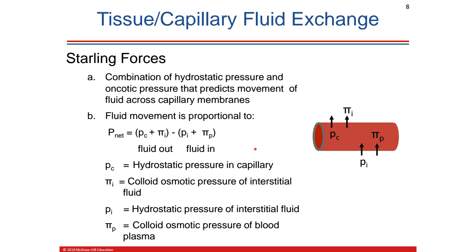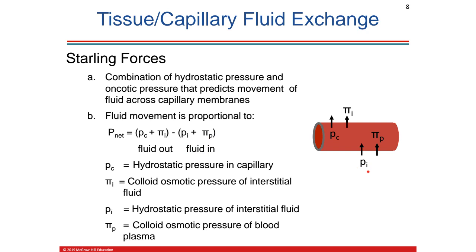What forces would lead to the movement of fluid out? Well, the hydrostatic pressure within the capillary would tend to move fluid out, and the colloid osmotic pressure of the interstitial fluid would tend to move fluid out. Let's look at forces that move fluid in.